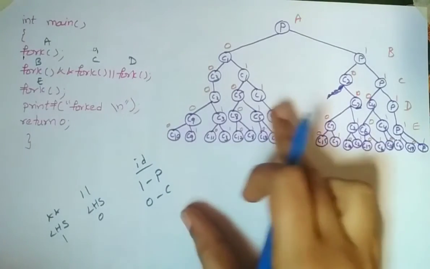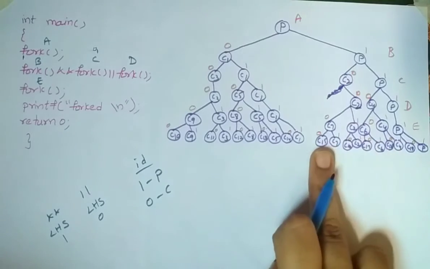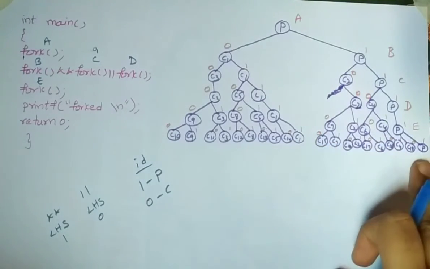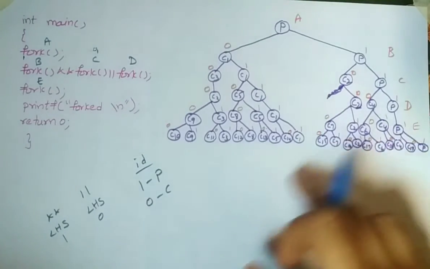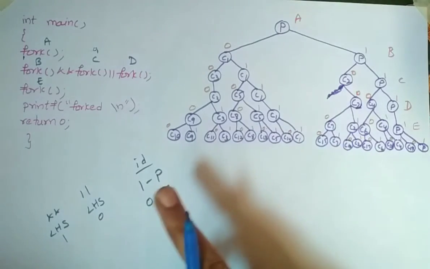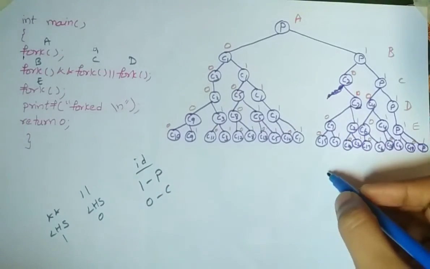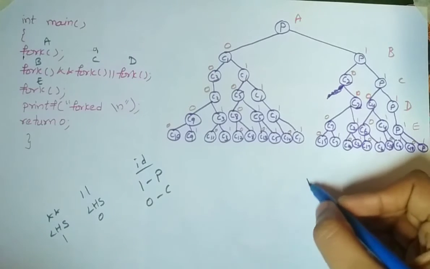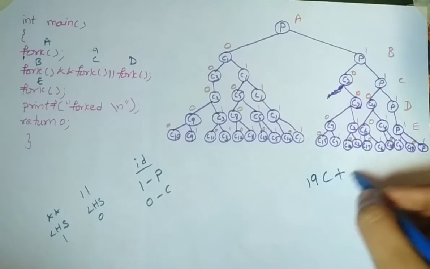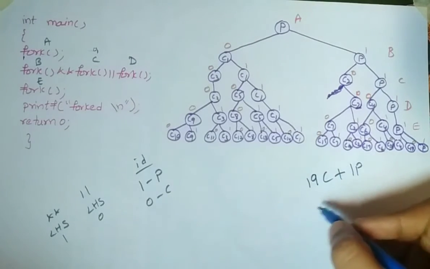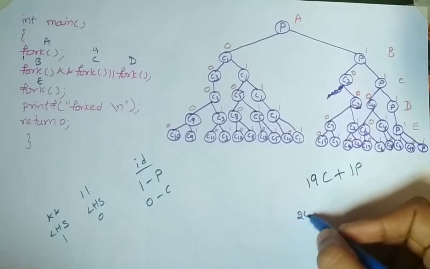Like that each and every process is going to yield 2 processes. The number of child processes that we are going to get here is 19, plus 1 parent process. So totally we are going to get 20 processes.